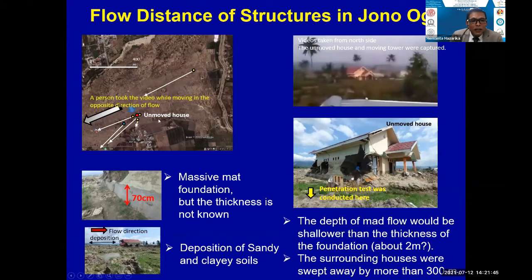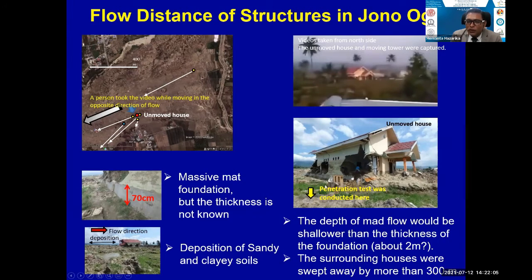These are the situations in Jonoge, as you have seen in the videos, the red house, which looked like moving. Actually, in fact, it did not move. As you can see, this is a red house, which did not move.